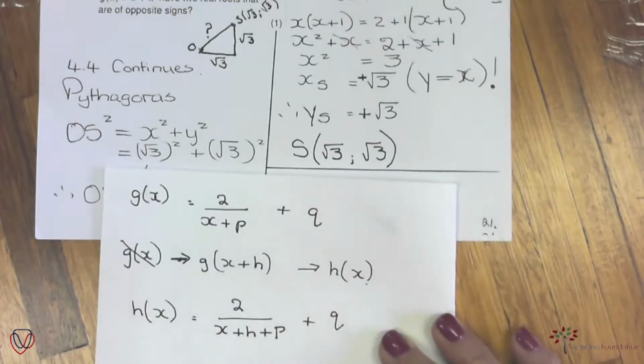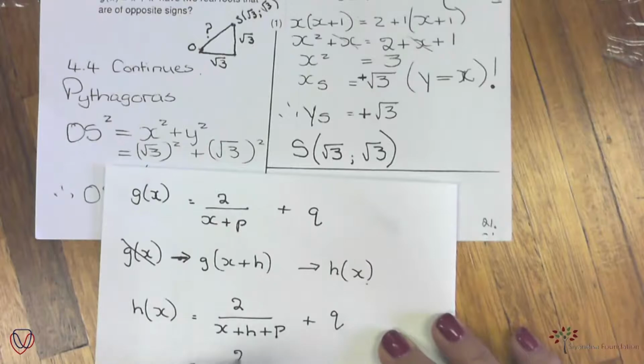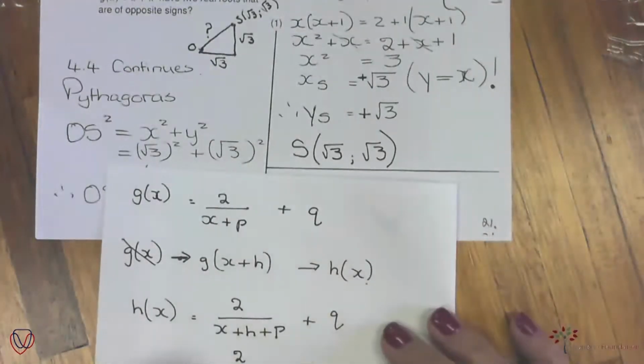But what is the value of p? Let's quickly see. We did p and we also did q. p was 1 and q was 1, sorry, both were positive 1. So this is 2 over x plus h plus 1, plus 1.